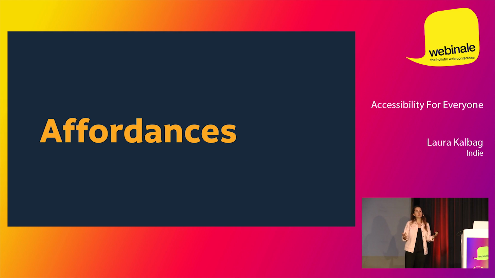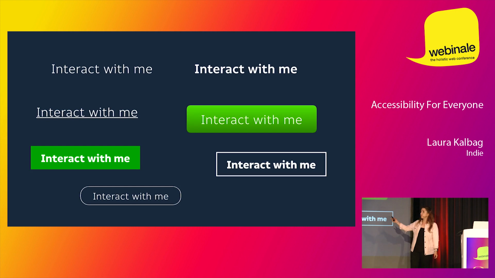And one of the ways we do this is through affordances. We use affordances to convey this information, these visual cues that help us understand how something is supposed to be used. So how do we know which of these we can press and which of these we can't? Which of these we can interact with? What do we expect to happen when we interact with them?